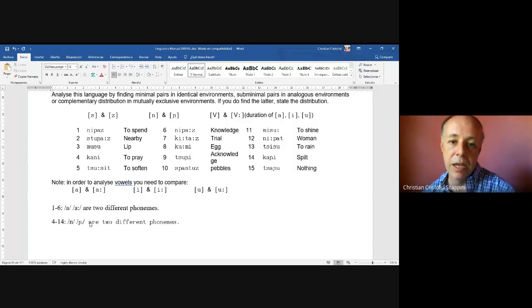Now let me see the E and the U, for example. We have sub-minimal pairs. We have number 3, musu, and number 11, misu. Oh, I need to change the font here.